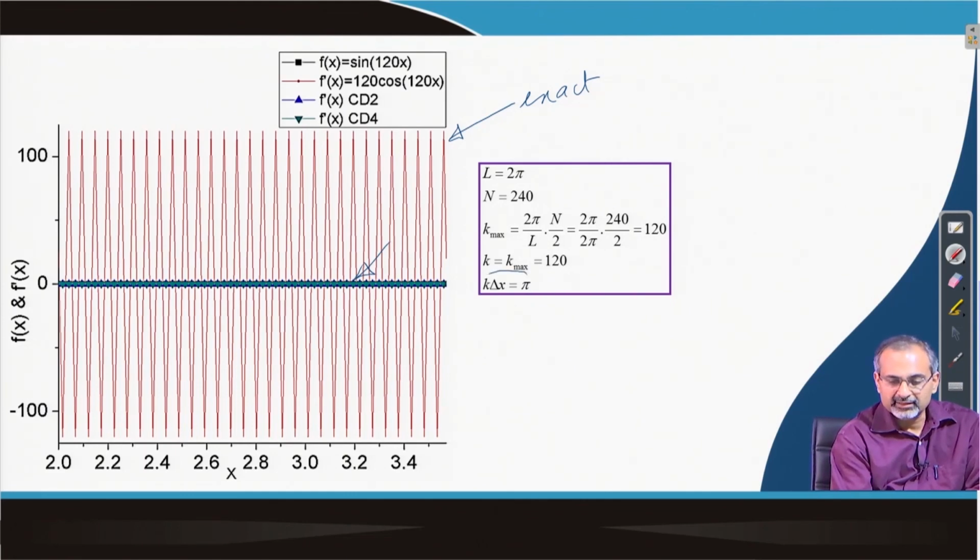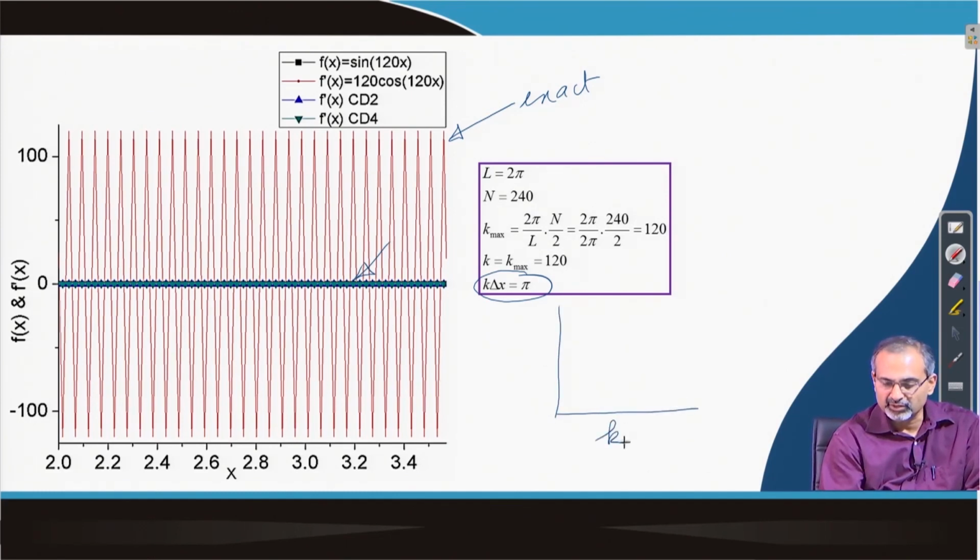You are at the highest wave number where k times delta x equal to pi has been reached, which is essentially the end point of that plot that we were talking about. You remember that the behavior actually droops off here, and therefore, you are far away from the exact, and that was irrespective of the kind of scheme.